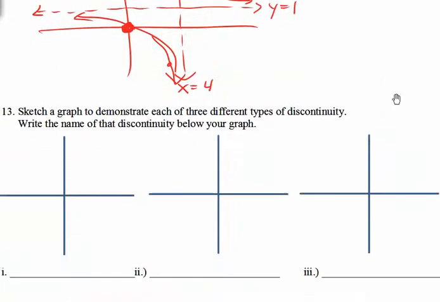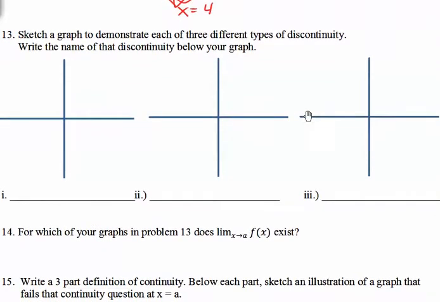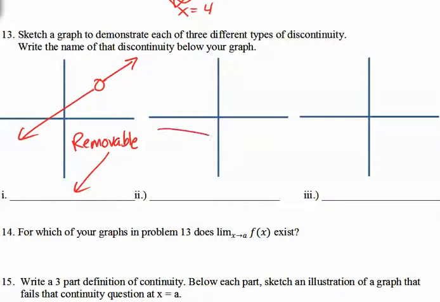All right. Sketch a graph with each of the types of discontinuities. So your answers will certainly vary. We could have a removable discontinuity. I guess that's supposed to go in the blank. We could have the one we just did with the vertical asymptote. So this is an infinite discontinuity.